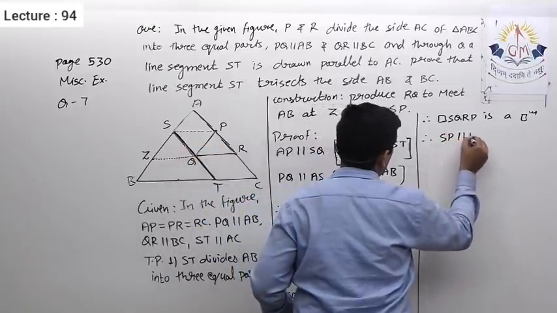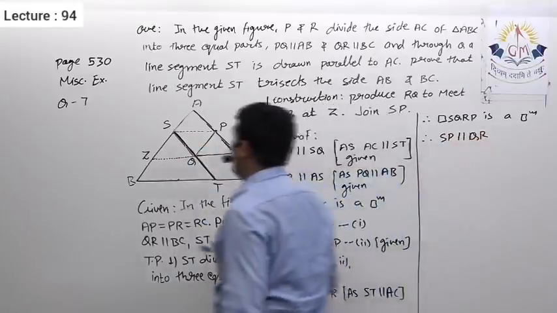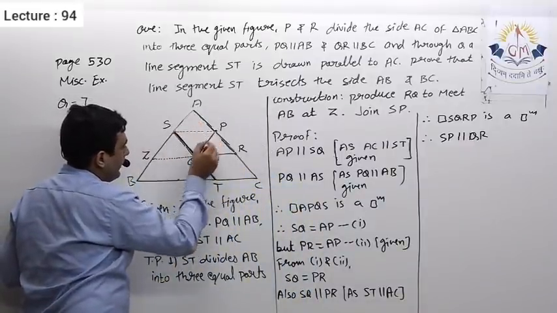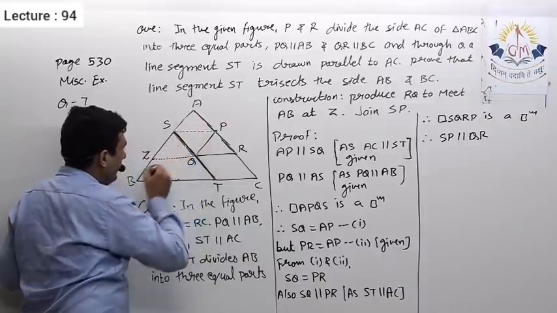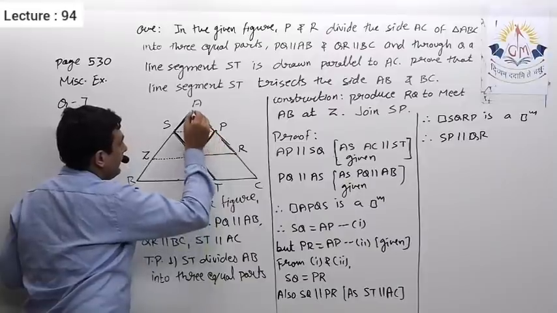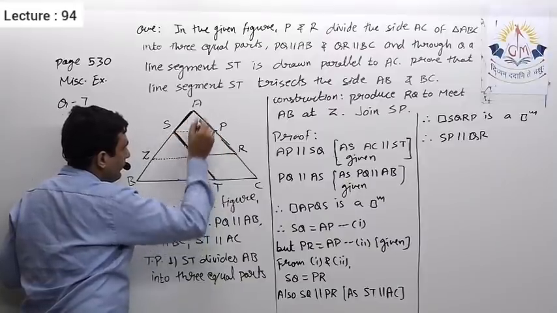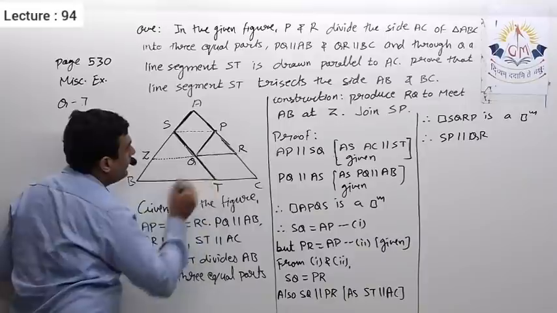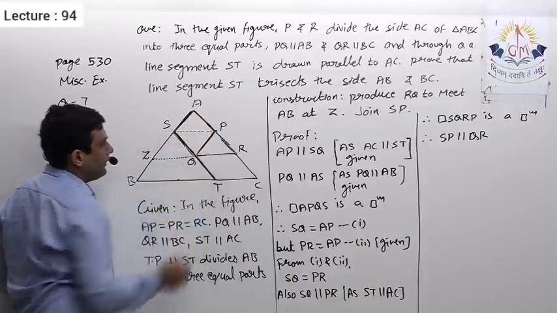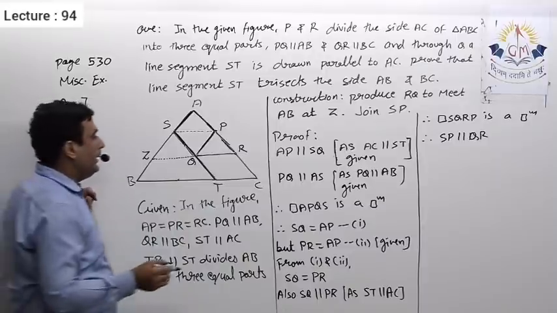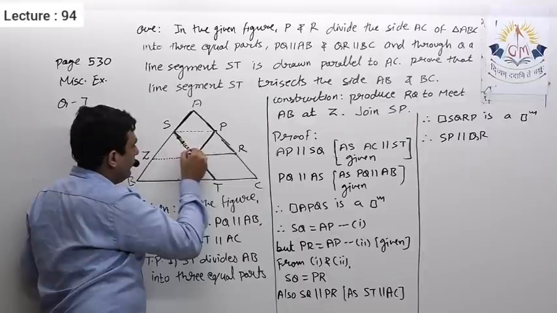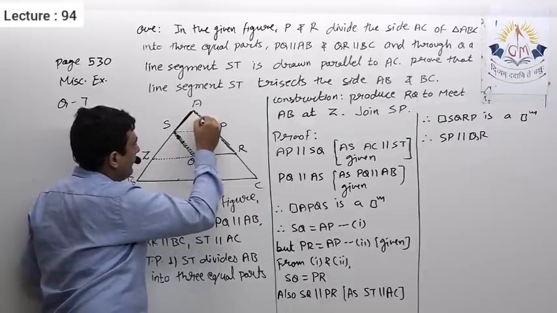I'm explaining once again. First I did AS parallel PQ because it is given AB parallel PQ. So I proved these two segments parallel. Then AP parallel SQ because it is given AC parallel ST. So both pairs of opposite sides are parallel, so it becomes a parallelogram. As soon as I proved it's a parallelogram, I took SQ equal to AP.